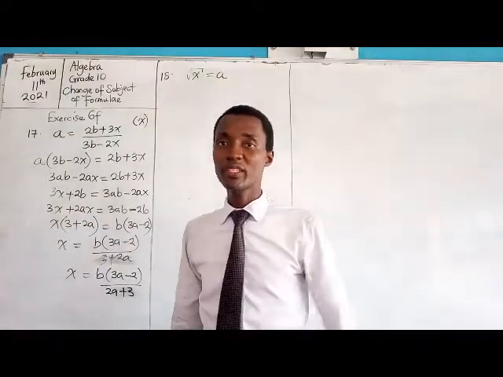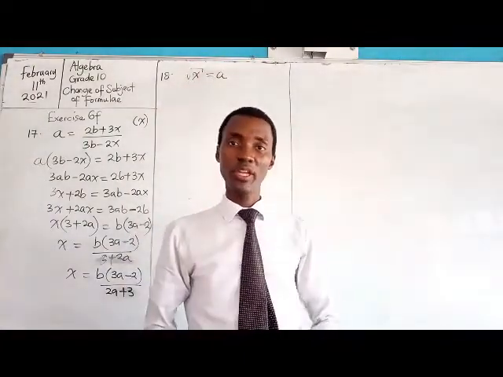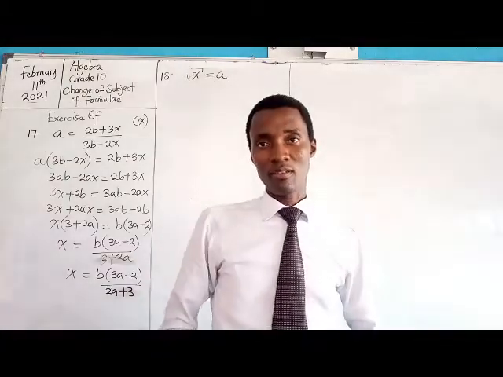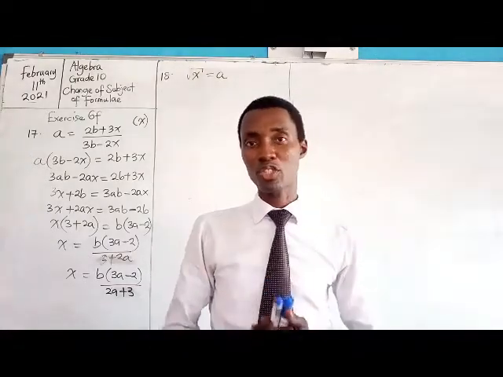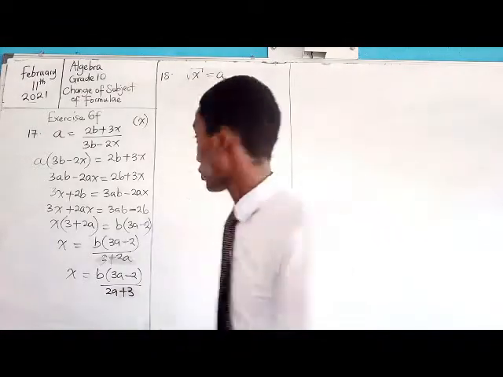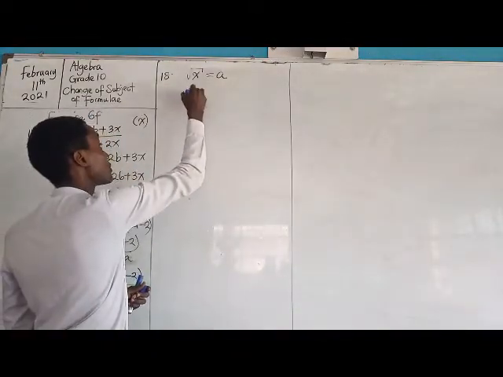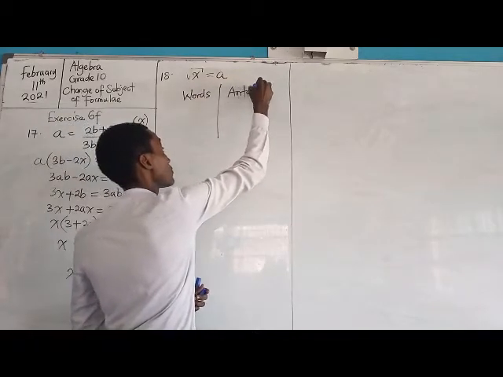Alright, we go to question 18, and the question says the square root of x equal to a. Here I'm going to be talking more like an English teacher. I'm not an English teacher, but I think it's one way to pass the idea across properly. Now, there's something in English we call words and their antonyms.